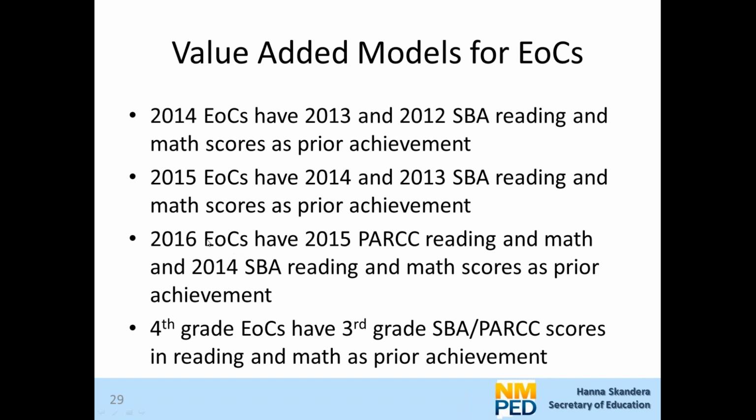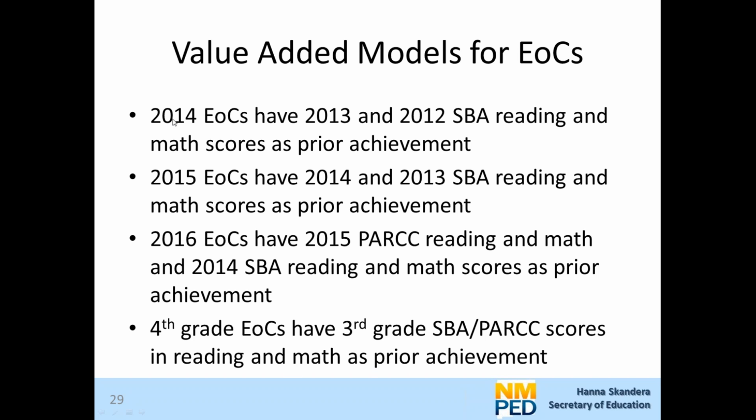In 2016, the end of course exams have the 2015 PARCC reading and math and the 2014 SBA reading and math scores as prior achievement. 4th grade end of course exams will have 3rd grade SBA and PARCC scores in reading and math as prior achievement.